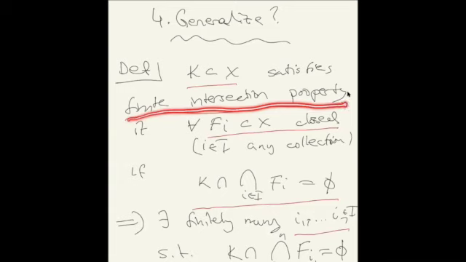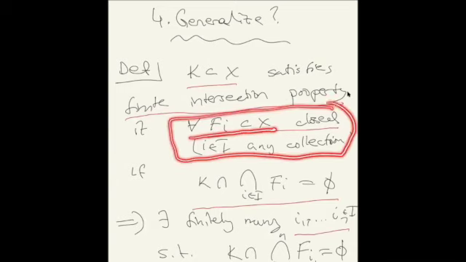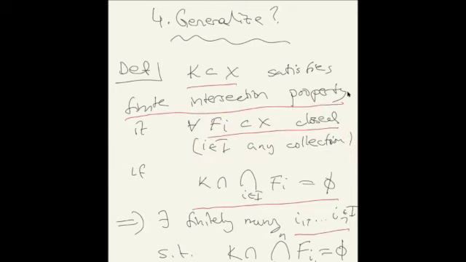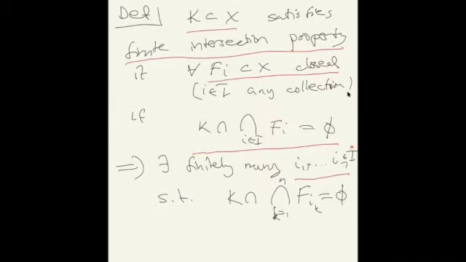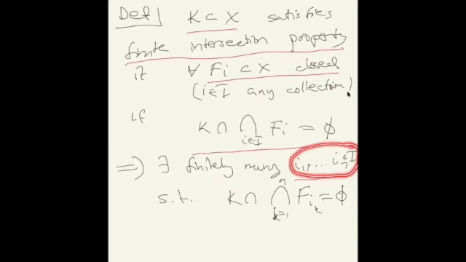We say that K satisfies the finite intersection property if for all collections of closed sets Fi, with i in some index set I, if the full intersection is empty, so if there's no point that belongs to all of the Fi's and K, then there actually exist already finitely many of them for which the intersection is empty.